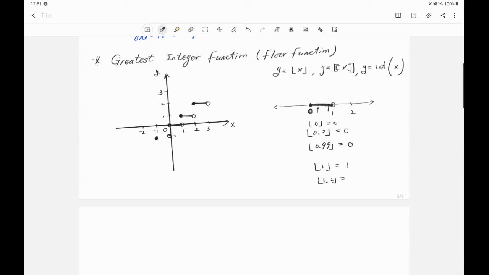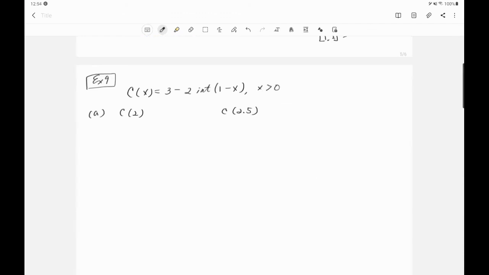And if x is between -1 and 0, then the graph will be -1. If x is -2, then of course the y value is -2. But if x is between -2 and -1, it is always -2, and so on. Can you see it? So this is called the greatest integer function.